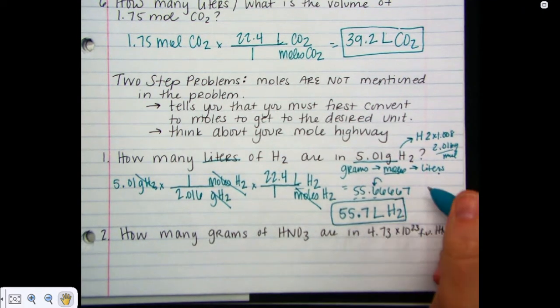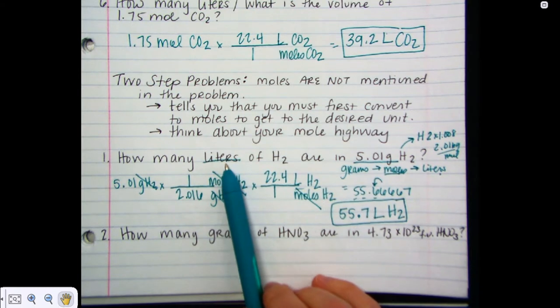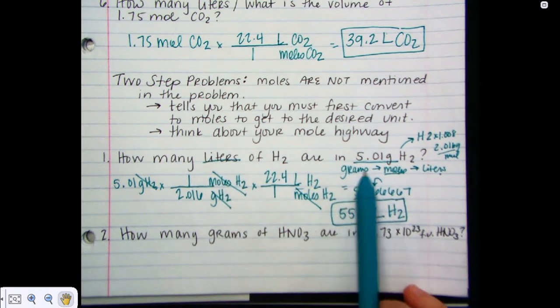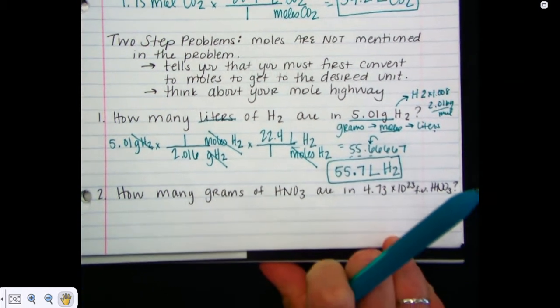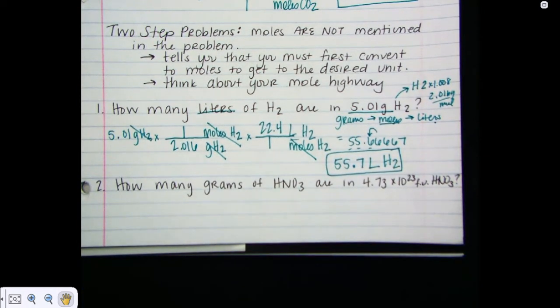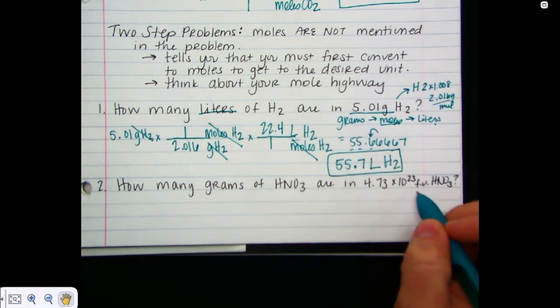Okay. So again, I wanted to go from grams to liters. I couldn't go directly there. I had to go from grams to moles and moles to liters. All right, so let's do another example of a 2-step problem. How many grams of HNO3 are in 4.73 times 10 to the 23rd formula units?